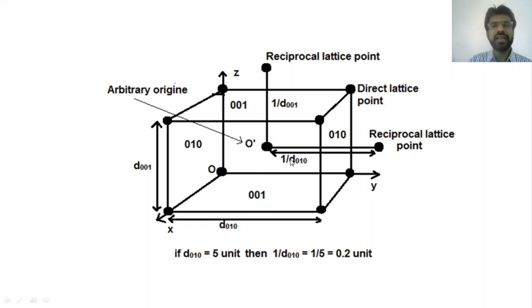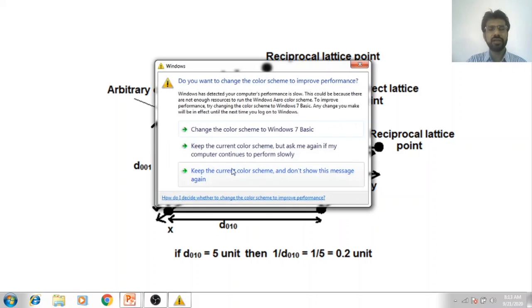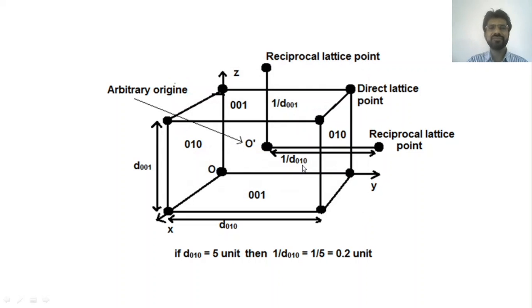Now in this way, in case of any type of crystal, if we consider this number of planes, and then another number of planes, the same thing, you will get different reciprocal lattice points, and these reciprocal lattice points represent the set of these two parallel planes.